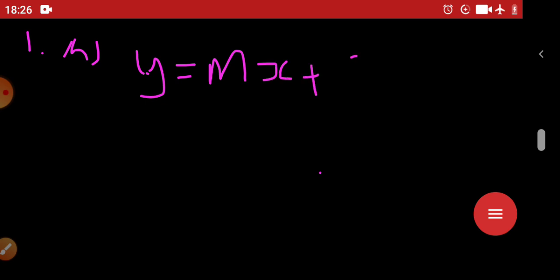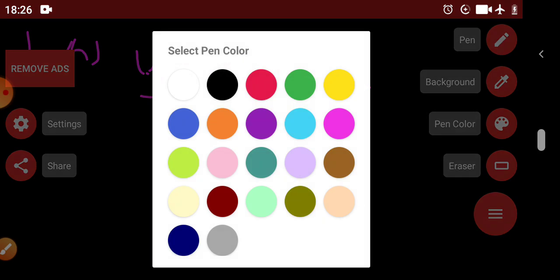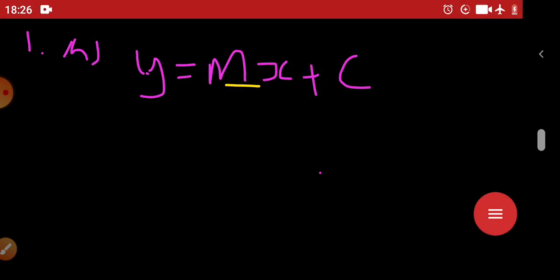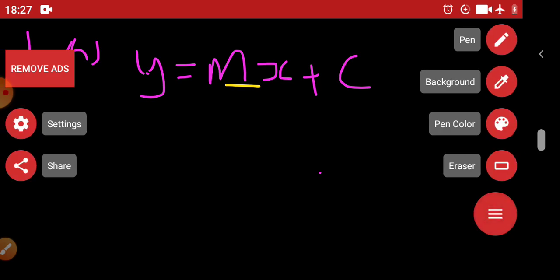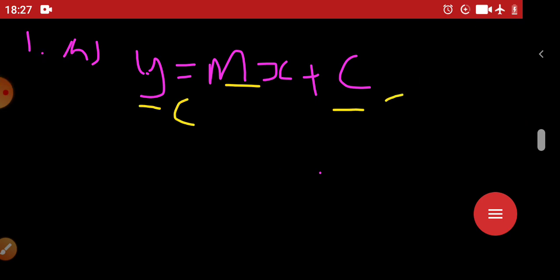mx plus c. We are required to make m the subject of the formula. To do that, we can subtract c both sides.